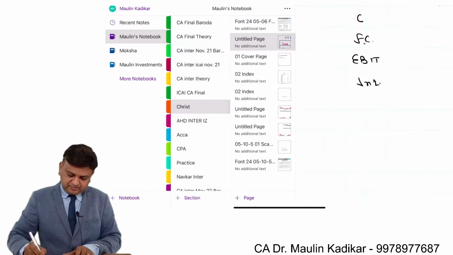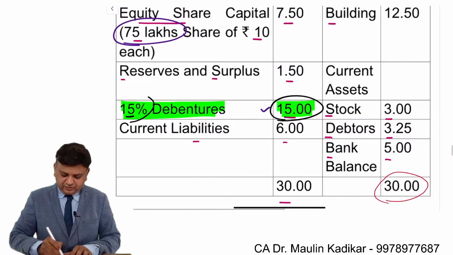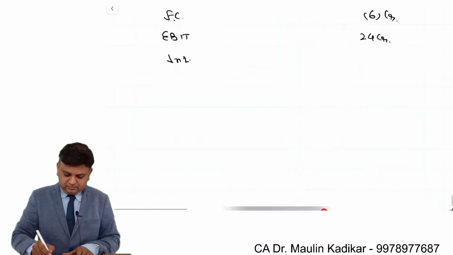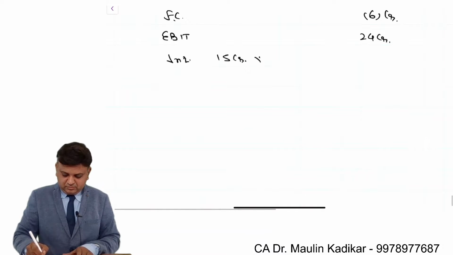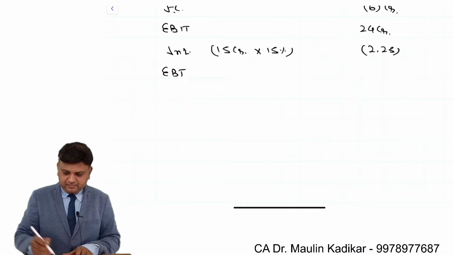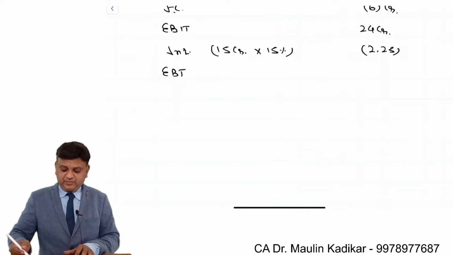Amount of interest: 15 crore into 15%, that is 2.25 crore. That will give us earning before taxes: 24 minus 2.25, 21.75 crore.